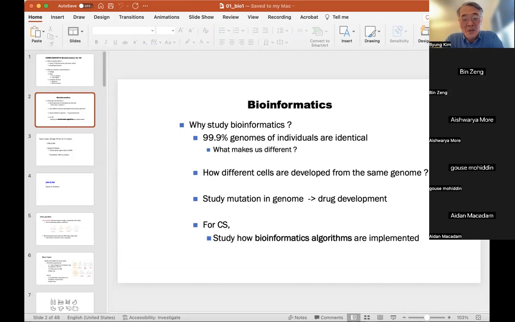So it's a very tiny portion of the genome that makes up the differences among us. And if you think about it, it's really amazing how such a small difference can make every individual so different.